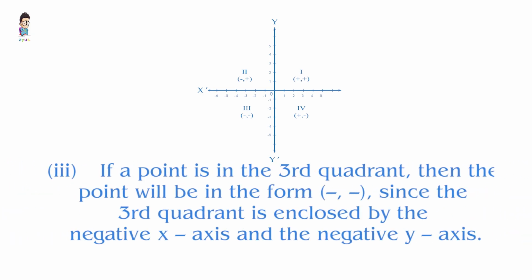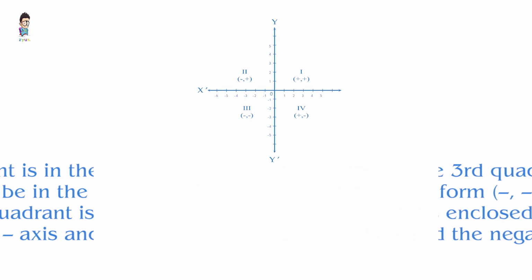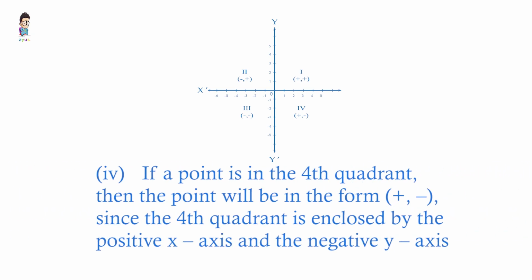If a point is in the third quadrant, then the point will be in the form -, -, since the third quadrant is enclosed by the negative x-axis and the negative y-axis. If a point is in the fourth quadrant, then the point will be in the form +, -, since the fourth quadrant is enclosed by the positive x-axis and the negative y-axis.